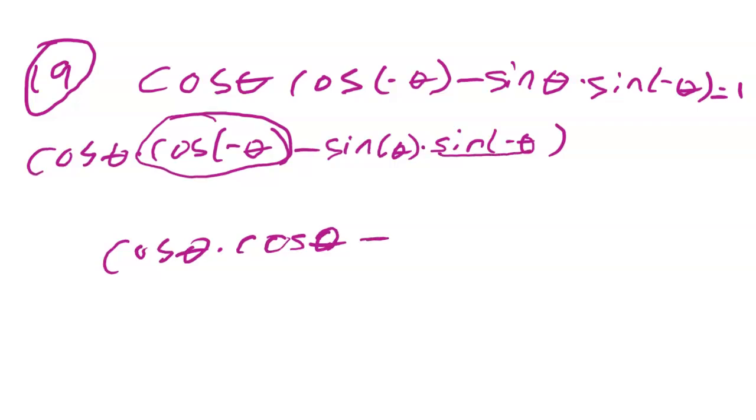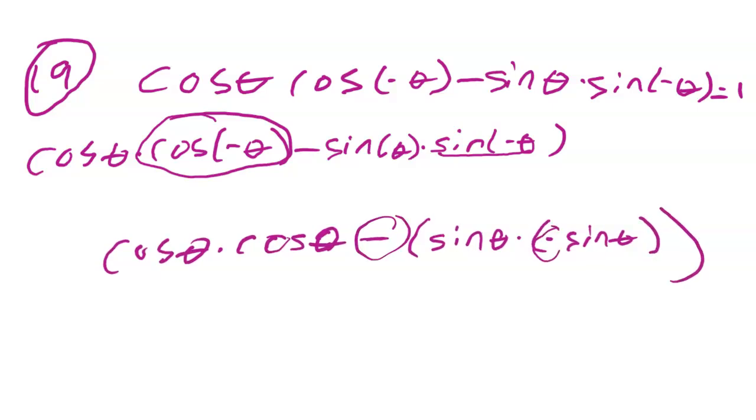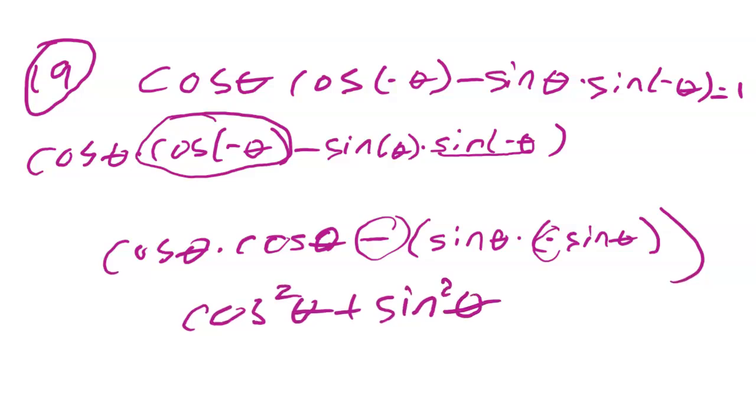So I get negative times sine of theta times negative sine of theta. And then we have this negative of a negative, so that's going to turn into a positive. So you have cosine squared theta plus sine squared theta. And we should all know that that's equal to 1. I made it to the right-hand side. We are done.